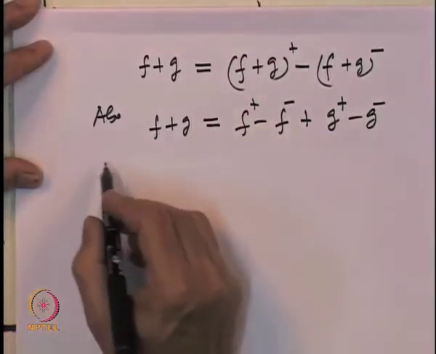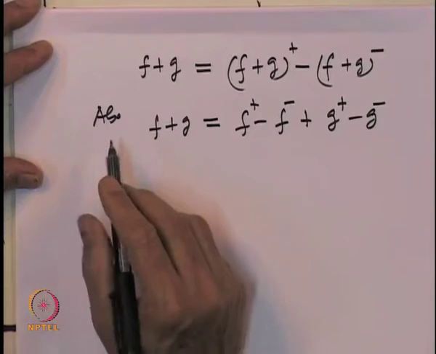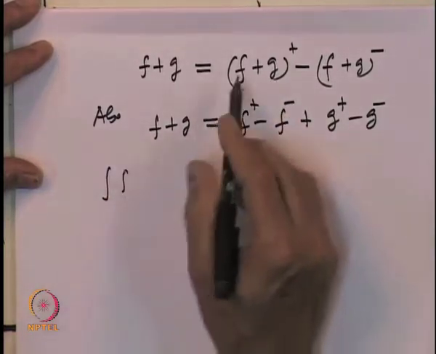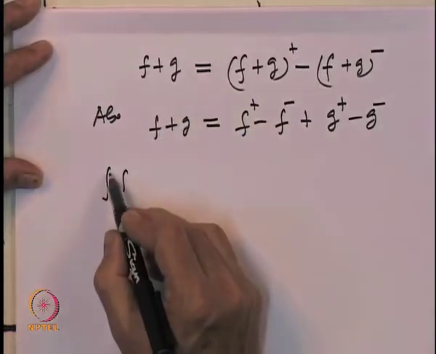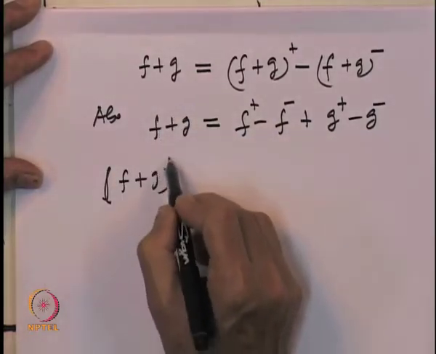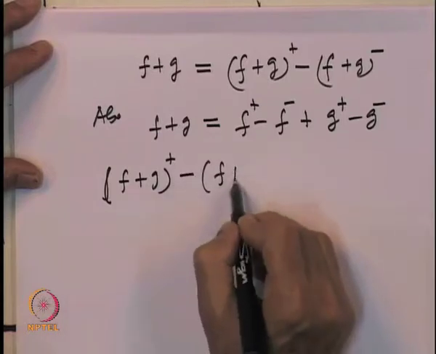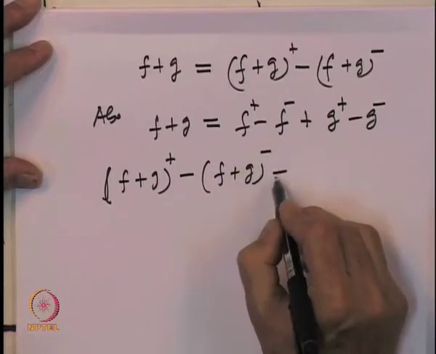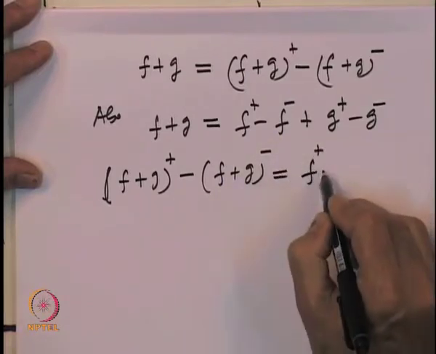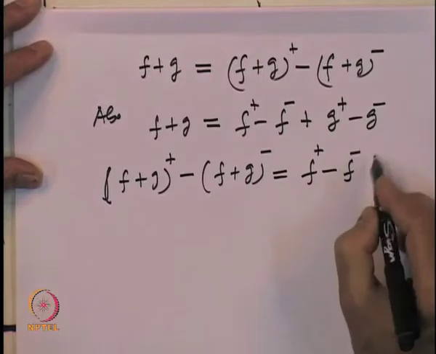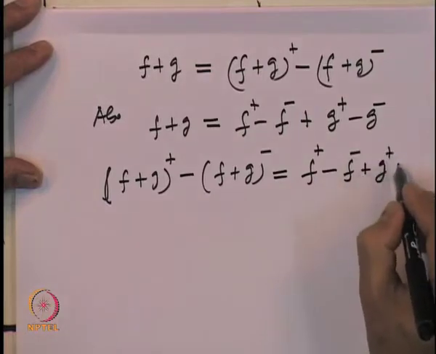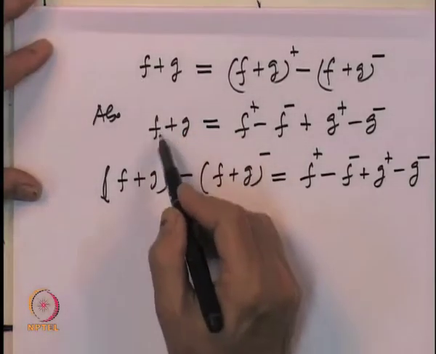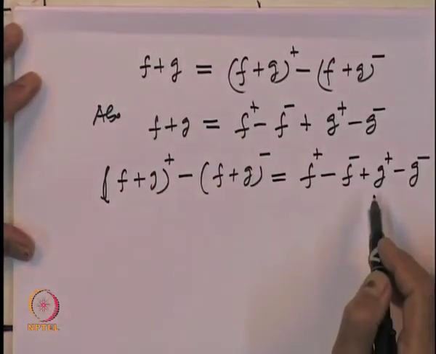Now from these two it follows that (f plus g) positive part minus (f plus g) negative part is equal to f plus minus f minus plus g plus minus g minus, right. So, from these two equations it follows this is so.